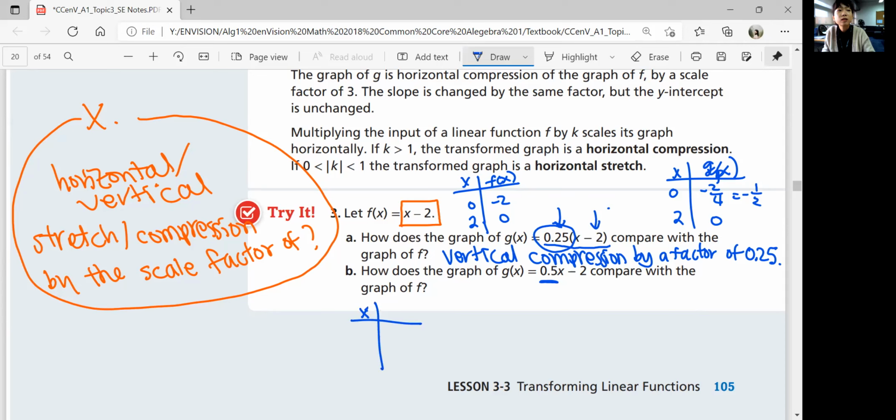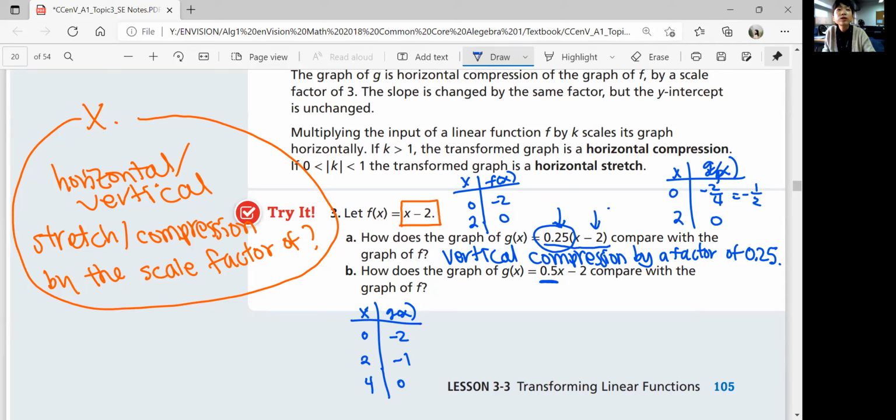When x is 0, what's the new g of x? Negative 2, that's still good. Next is 2. You have 1 minus 2, which is negative 1. So you have to look at more points. What about 4? 2 minus 2 is 0.